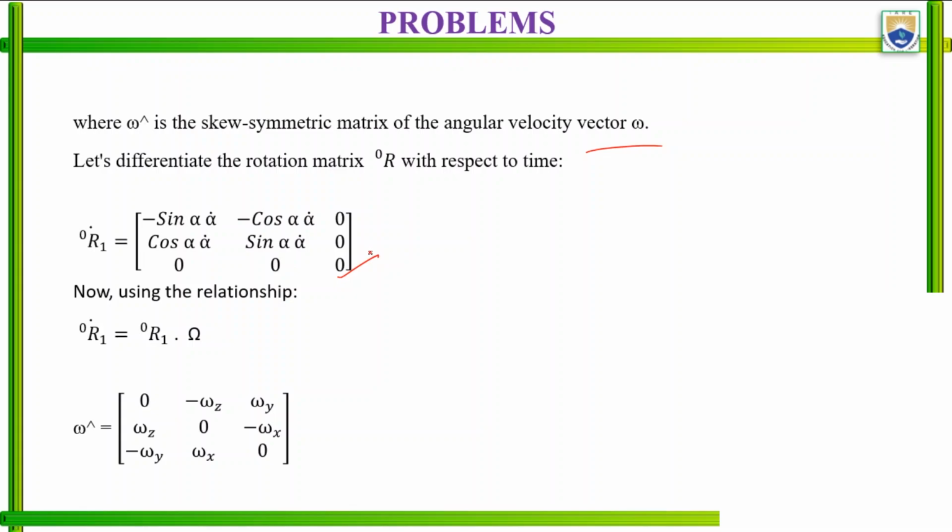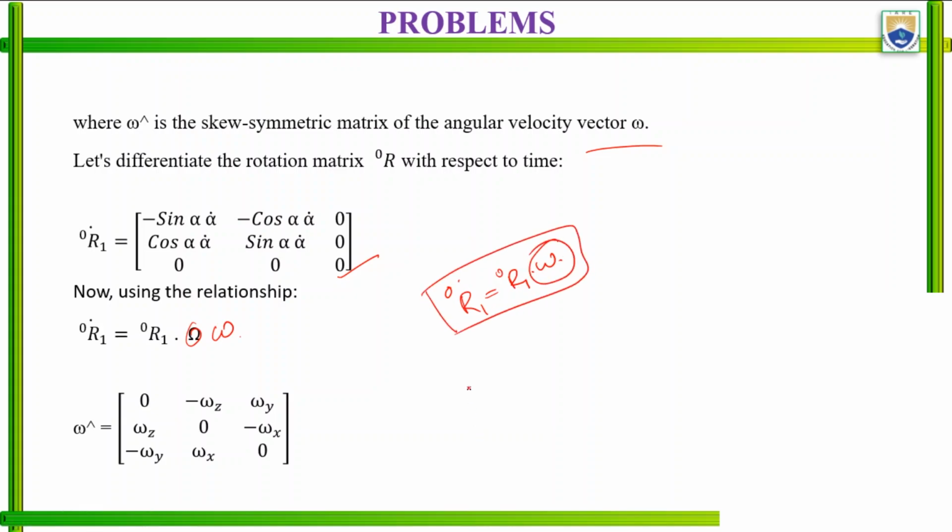This is how we write the derivative of the rotation matrix for the angular velocity. Now, using the relation R1 0 dot equals R1 0 into omega, first we need to find omega.